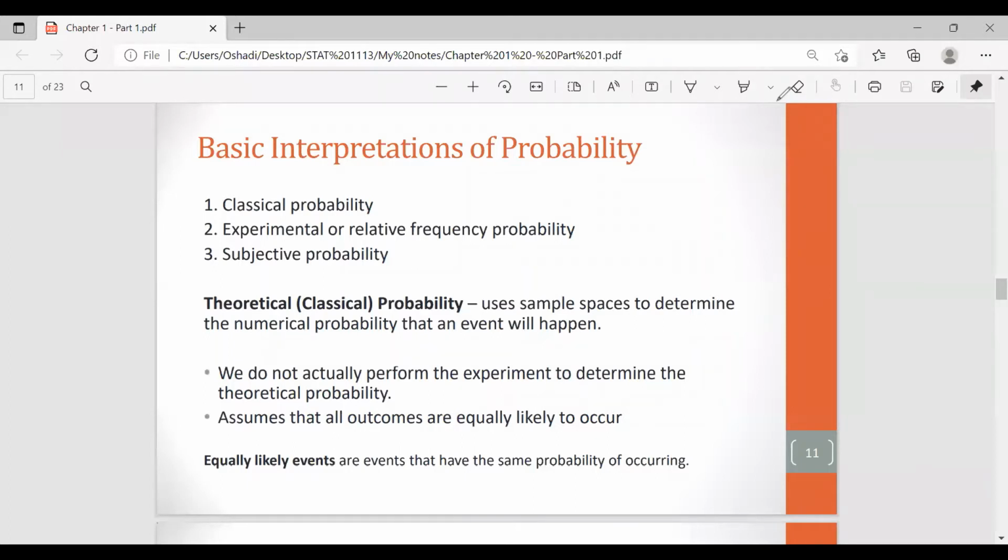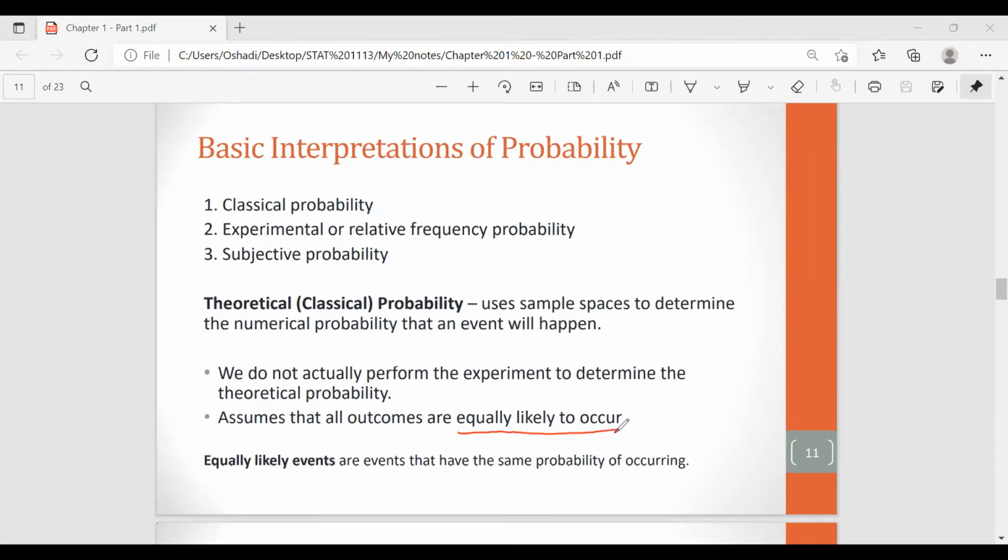The important thing is that it assumes all outcomes are equally likely to occur, right? In theoretical probability, we assume that all outcomes are equally likely to occur.